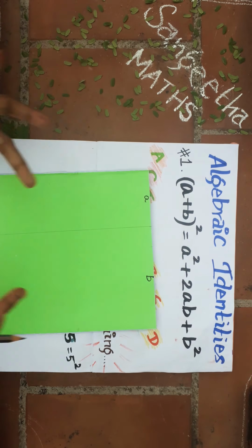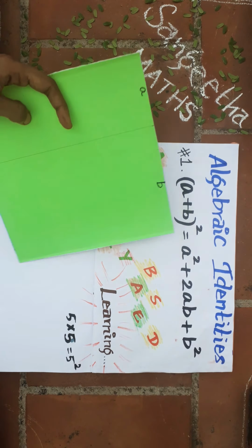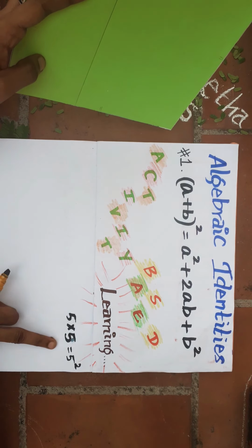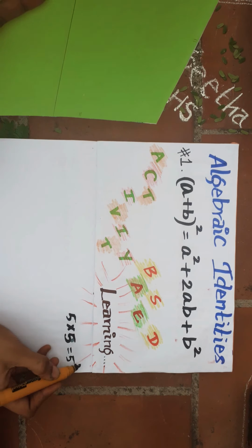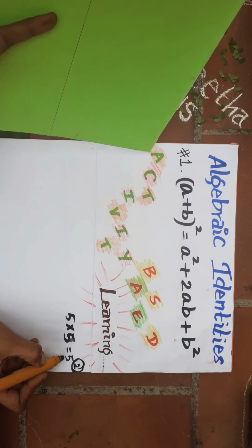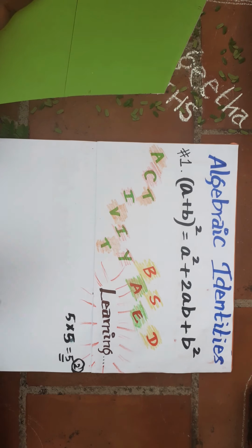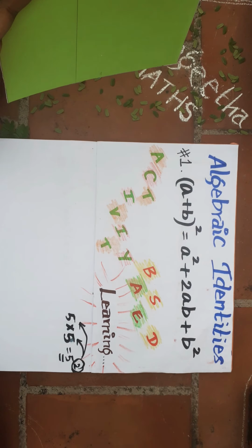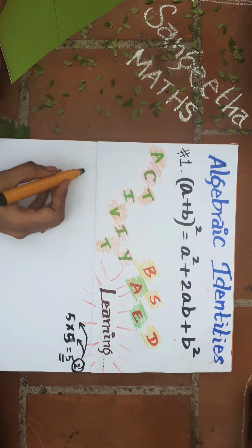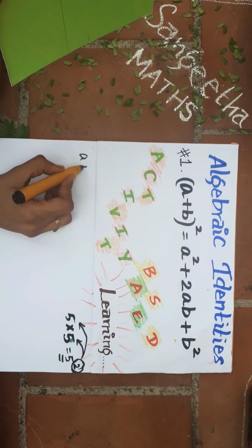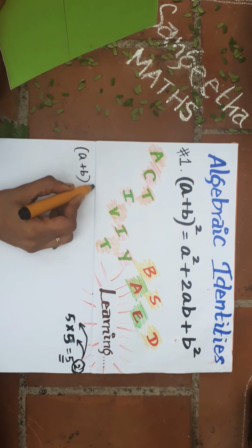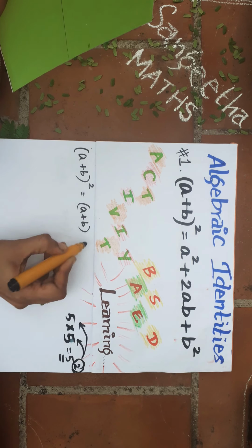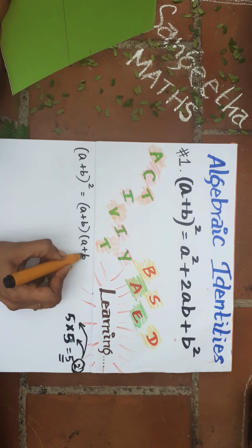You may ask why? Because we know (a plus b) the whole square means that whatever the base is, it is multiplied twice. Correct? So here (a plus b) the whole square means the same a plus b, a plus b.